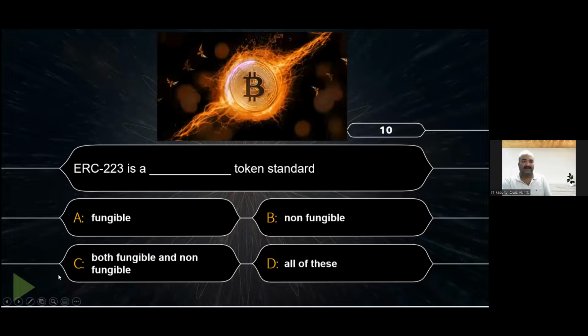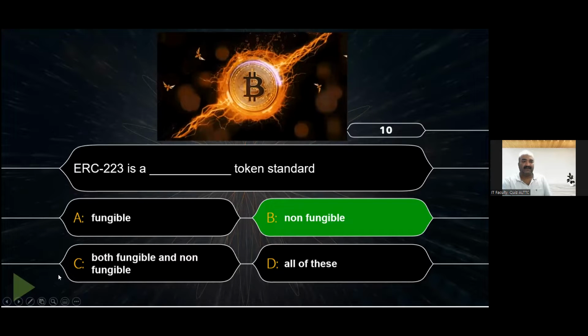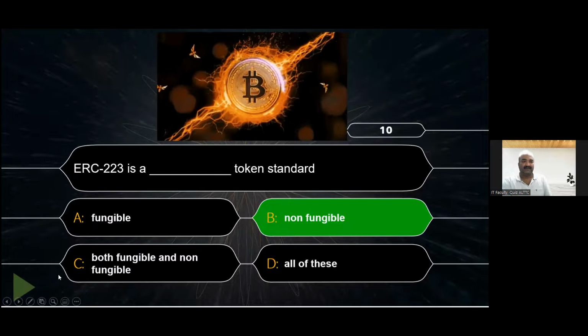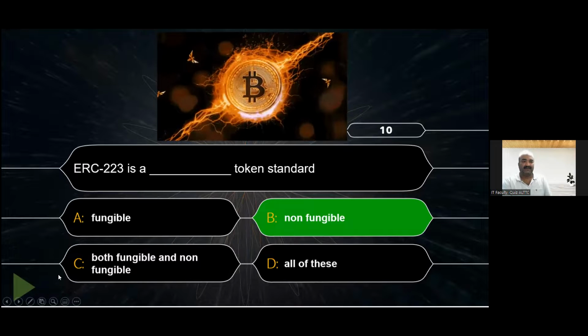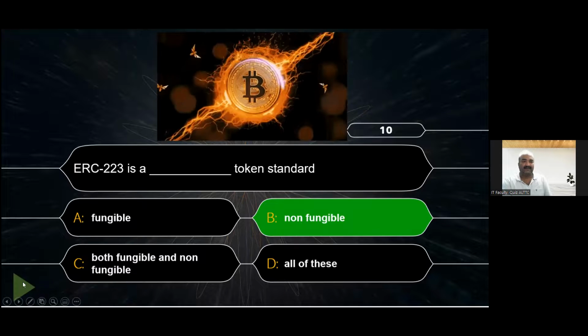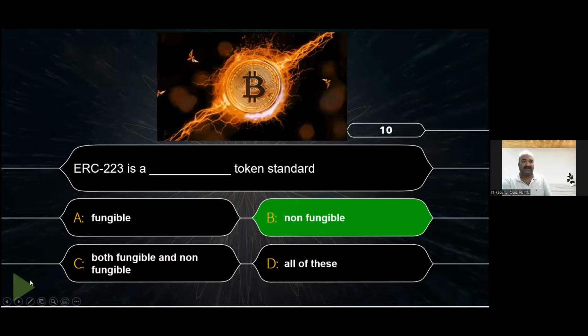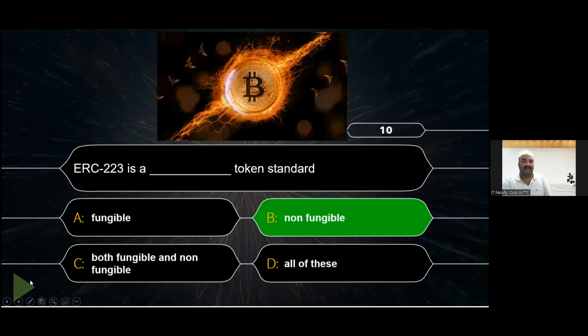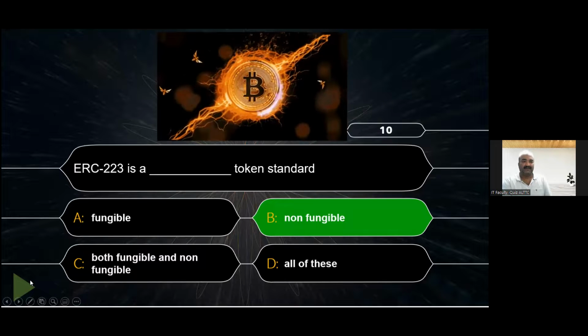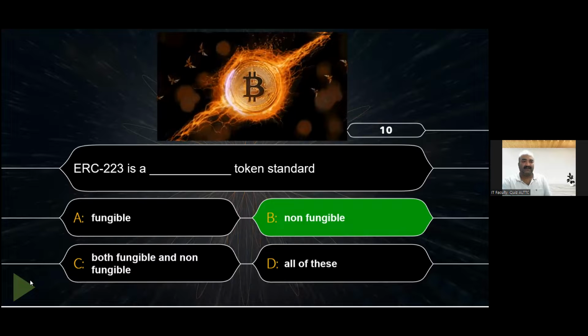Let's check what the answer is. Non-fungible. Yes, the answer is fungible. I intentionally gave you the non-fungible option, but ERC 20 is a fungible token standard.